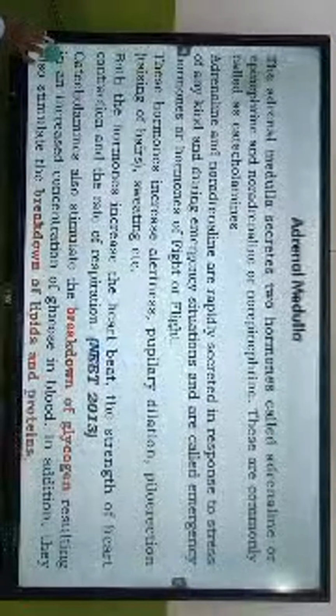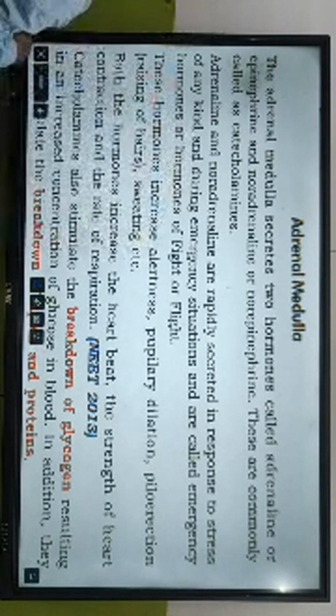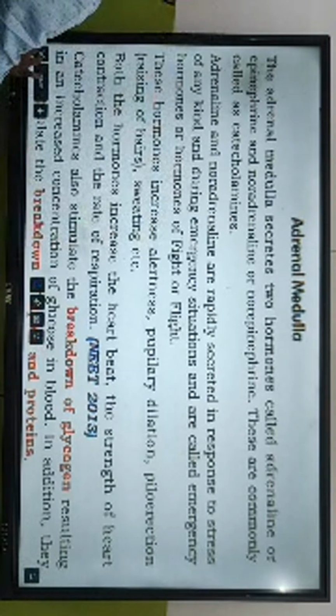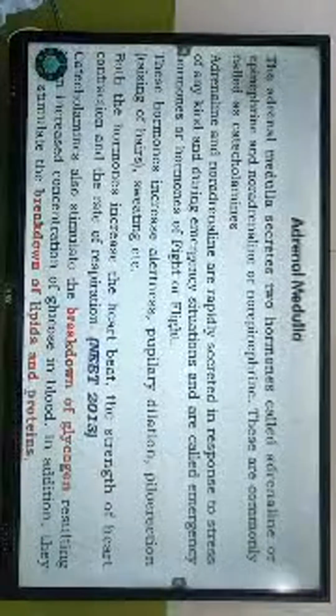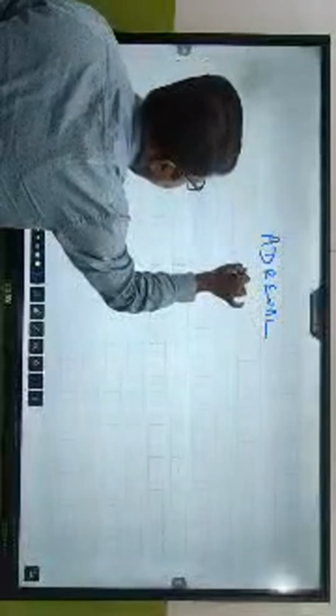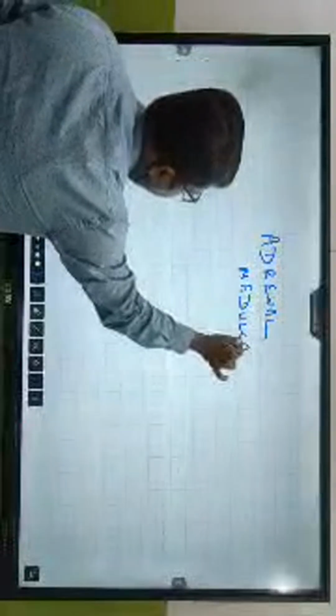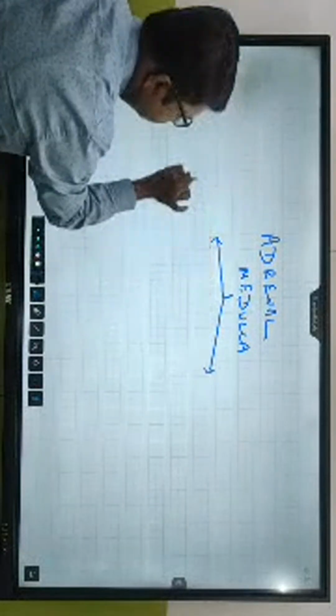Adrenal medulla. So when we talk about adrenal medulla, should we start from here? Let us first clear it out. Adrenal medulla के बारे में थोड़ा पहले जान लेते हैं. Let us talk about it. This adrenal medulla is having two kinds of hormones.